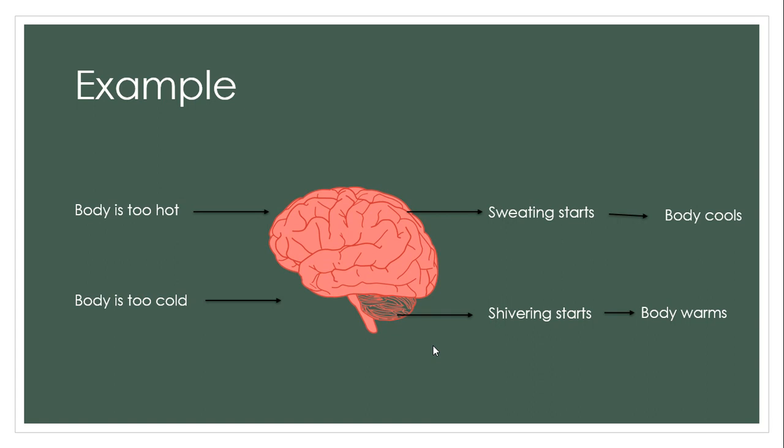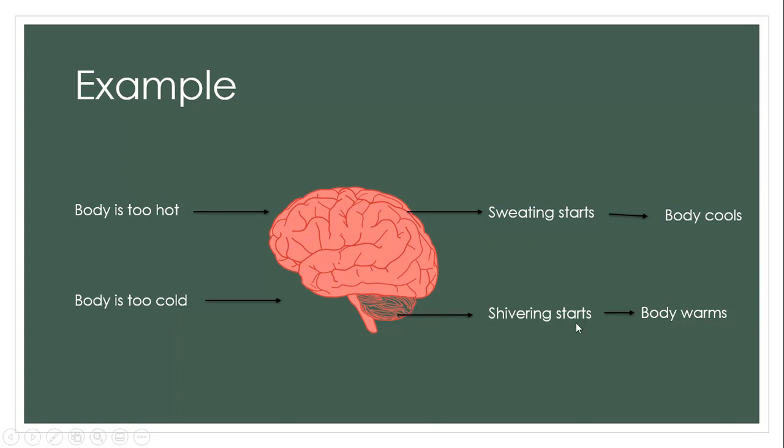So here's an example of a feedback loop in the body. If your body gets too hot, it sends a signal to the brain, and then the brain tells the body to start sweating, and the body cools. So this is one loop right here. We're looking at body temperature. Body's hot, brain says that's not good, let's start sweating, body cools down. Or on the flip side, if you were to get too cold, the body will send a signal to the brain.